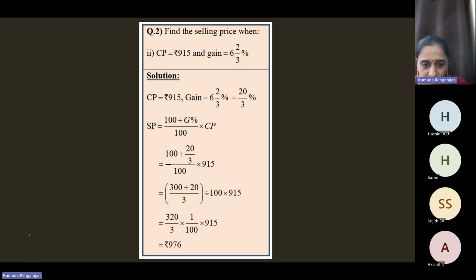Now this divided by 100, I put it here, divided by 100 into 950. I've taken the LCM. After simplifying, this is 320 by 3. Division becomes multiplication into 1 by 100 into 950, then cancel.